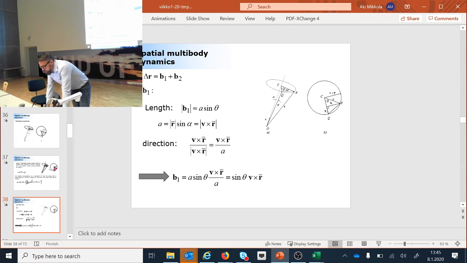So for B1 first, once I want to describe the vector B1, I need to know its length and its direction. Length I can get by simply using the sine of A, and A is the radius of this circle here, and that can be expressed by using a cross product of vector R and vector V. I know that this is very complicated, no worries, because I'm not going to ask anything like that in a written exam.